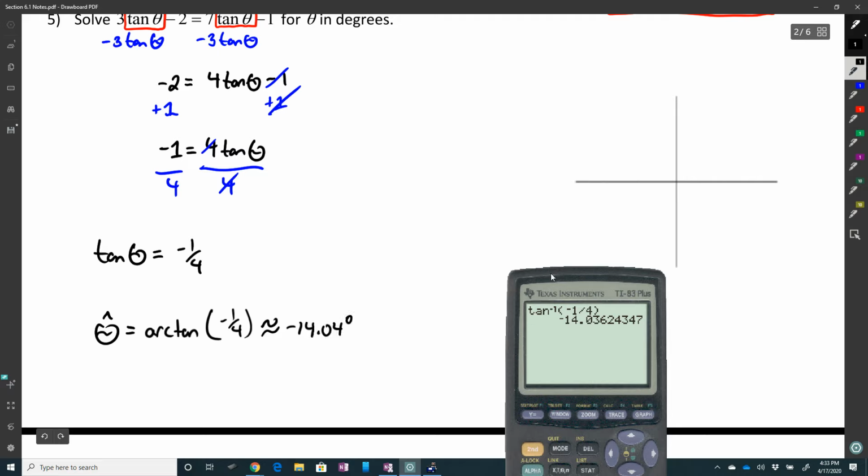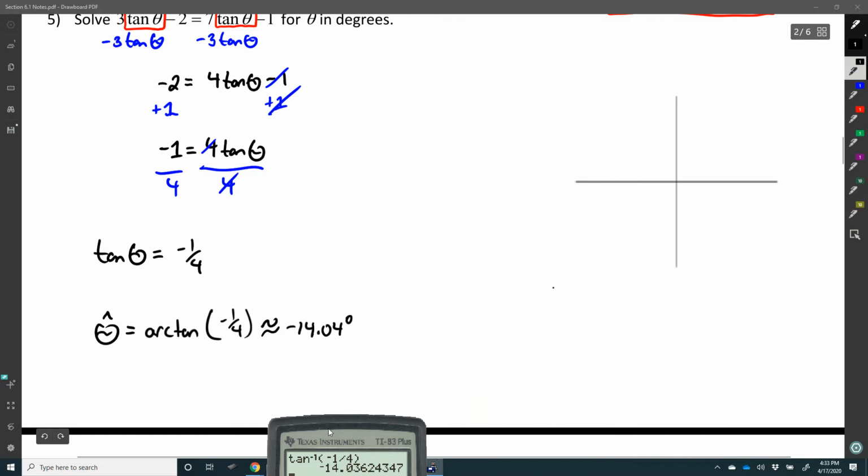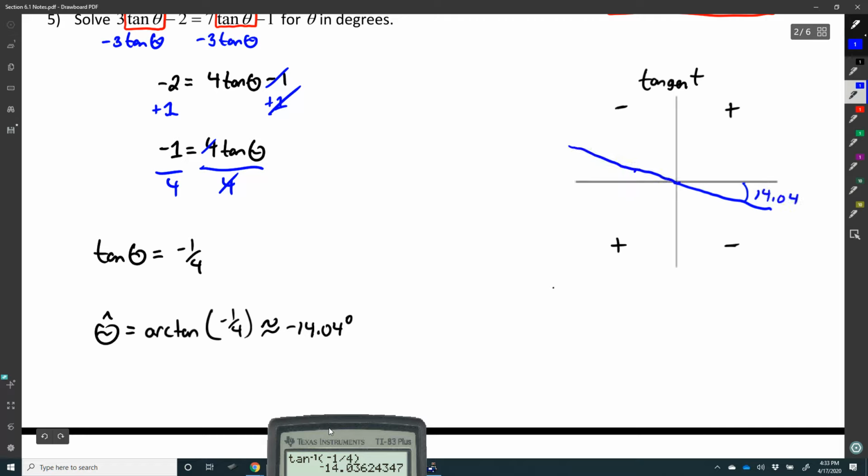And so that means that my answer, if we're dealing with tangent, is positive, negative, positive, negative. And so the angles I'm looking for are negative 14.04. So we go down this way. And the other one is 14.04 in the other direction. Okay? Now, tangent has the property that these two answers are 180 degrees apart.